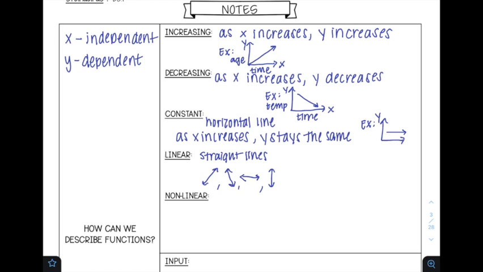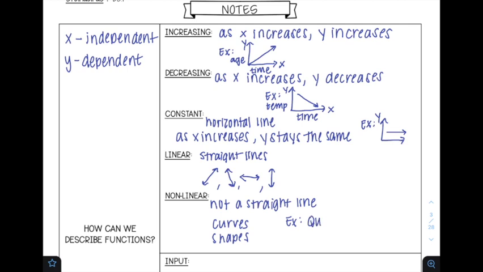A non-linear relationship is not going to be a straight line. So something that's not a straight line, we're talking about curves, shapes. We're going to be talking about quadratic functions and exponential functions, cubic functions, square root.